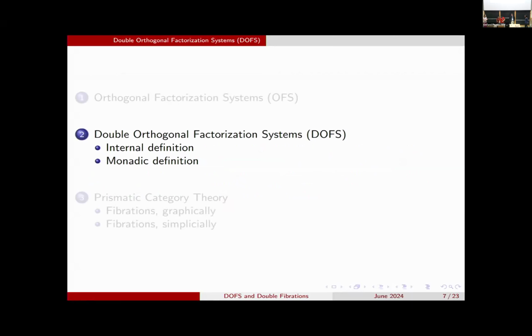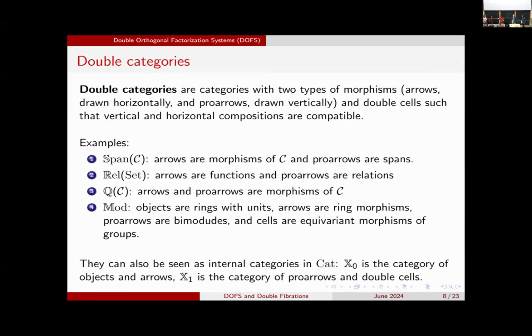Yeah, thank you. Yes, first a quick review on double categories. Well, a double category is a collection of objects together with two types of arrows. We have vertical arrows, which are like normal arrows or arrows in categories, and we draw those vertically, and horizontal arrows, or pro arrows, which we draw horizontally. And we have cells that are framed by two vertical arrows and two horizontal arrows.